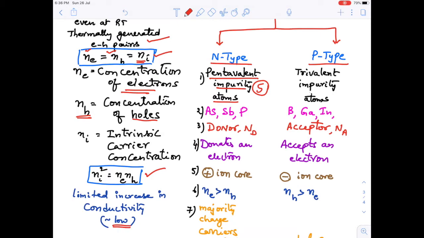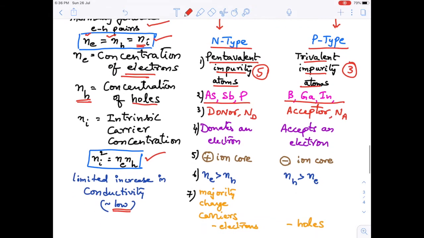And in P-type, you will be adding trivalent impurity atoms, which have 3 valence electrons. Examples: arsenic, antimony, phosphorus, etc. That is 5th group elements. Then you have 3rd group elements: boron, gallium, indium, etc. are the impurity atoms that you add for P-type semiconductor.